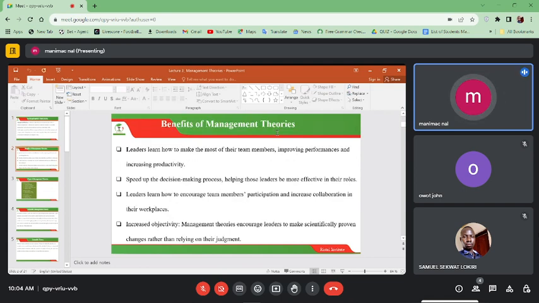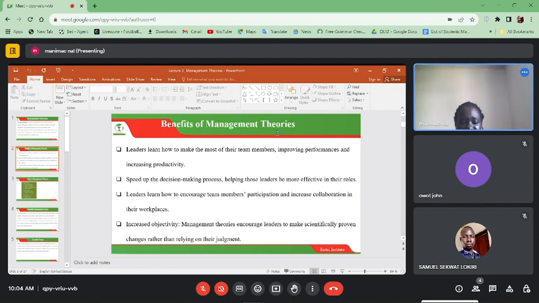Further still, how do these theories benefit us? Like we defined, we believe that theories in management benefit us in the following ways. Number one, they help leaders learn how to make the most of their team members, improving the performance of employees as well as increasing their productivity in the working environment.